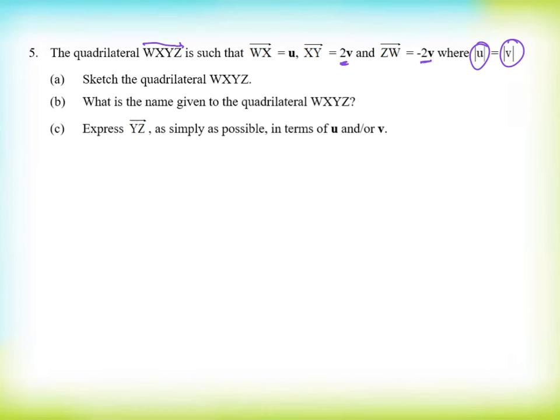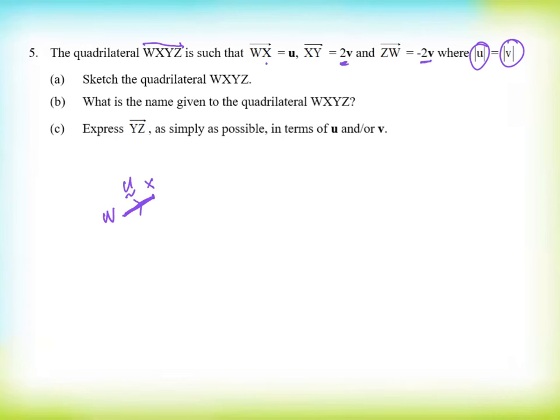So now let's start to sketch quadrilateral WXYZ. From W, I have to draw a vector U. Let's say this is 1 cm. Okay, I shall use 1 cm to be vector U. So from W, we go to the point X over here.